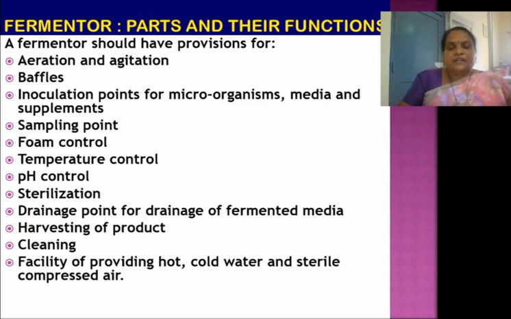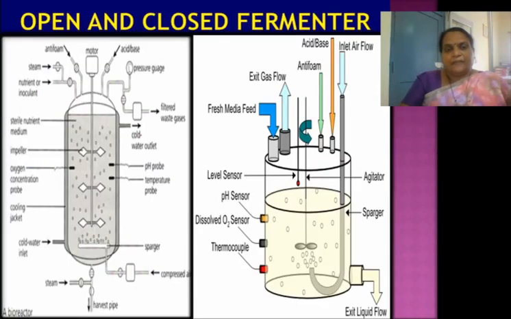There should be a drainage point for drainage of fermented media, which we call fermented broth. There should be provision for harvesting the product. There should be provision for cleaning the fermenter, and there should be a facility for providing hot or cold water and sterile compressed air during aeration.